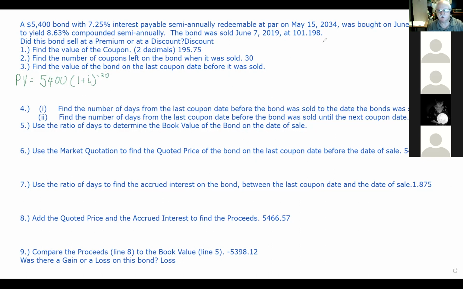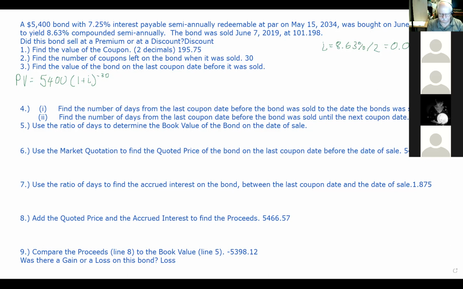And we need to figure out what i is equal to. So not the bond rate, but the market rate. The yield was 8.63%, and it's semi-annual, so divided by 2. So 8.63% divided by 2, and I'm getting 0.04315. And I'll store that in register 1.